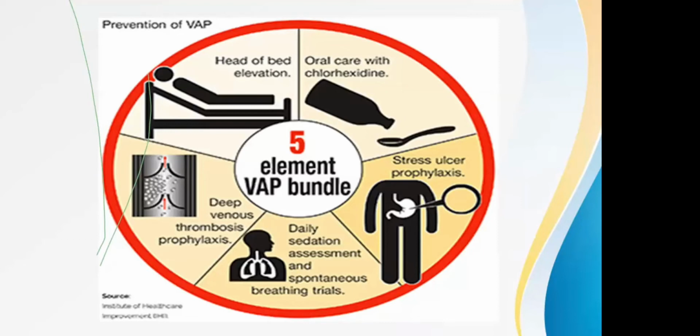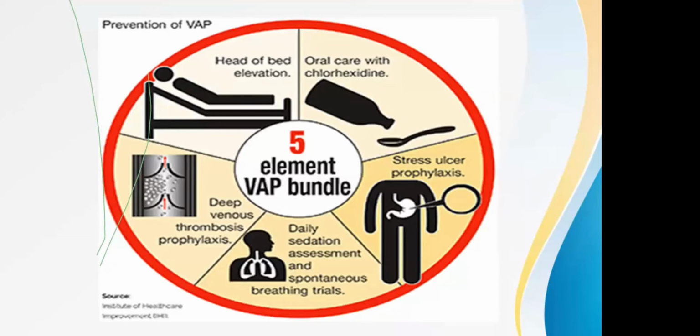So proper oral hygiene is mandatory, right? Cleaning the teeth and the tongue with chlorhexidine. Saliva alone cannot remove all the bacteria from your oropharyngeal area. So oral care is very important in ET intubated patients.